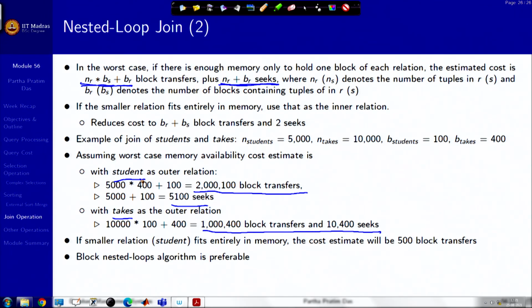But what is important is that the inner relation needs to be read all the time, so the smaller relation should occur inside. Since takes is the larger relation, if you keep it as the inner relation, you will have to get the tuples of takes many more times. That is the reason that if you keep takes as the outer relation, you get much fewer block transfers.